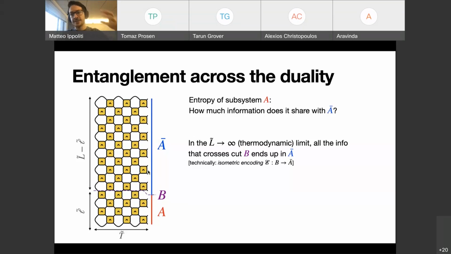An isometry is like a unitary, but it's between a smaller space and a bigger space. So you're isometrically embedding some smaller space of states into some bigger one. But that means that no information is being lost. So all the information that makes it across the entanglement cut B from A is going to come out the other side. None of it is going to wrap around and come back into region A, intuitively.